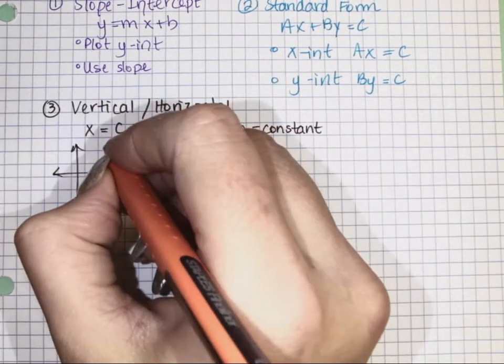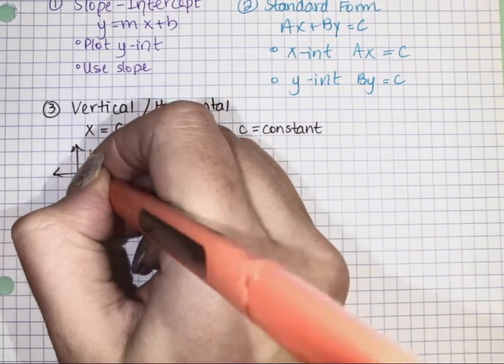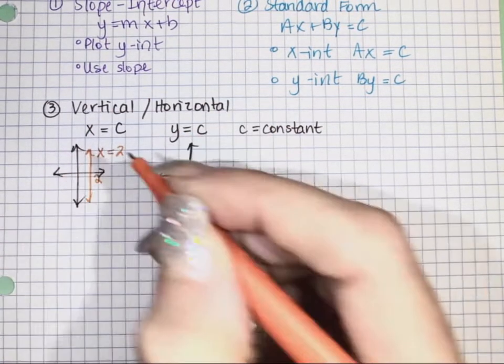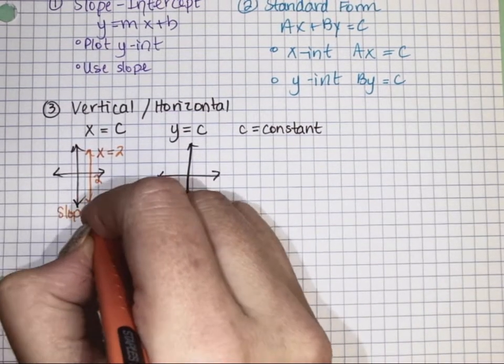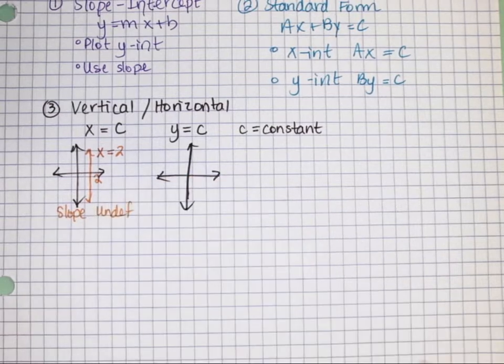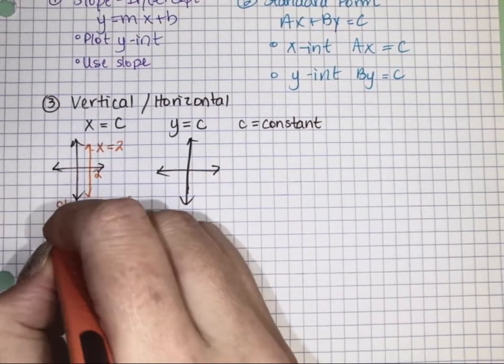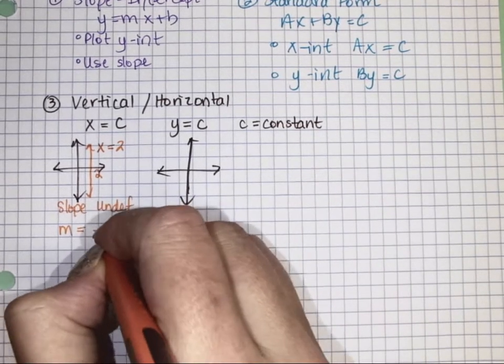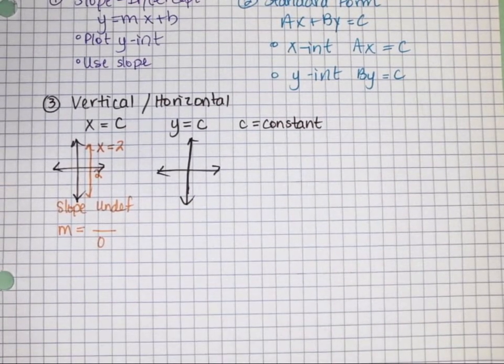So if I've got x equals 2, then that's going to be a vertical line through the x-axis at 2, and slope is undefined. What slope undefined would look like in a fraction is 0 on the bottom. You can't divide by 0.